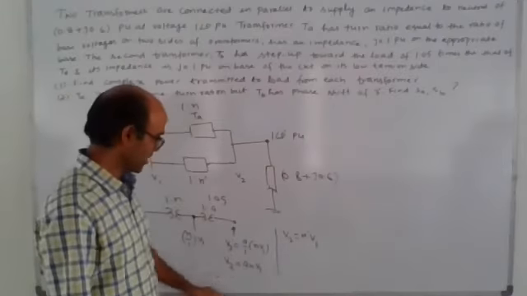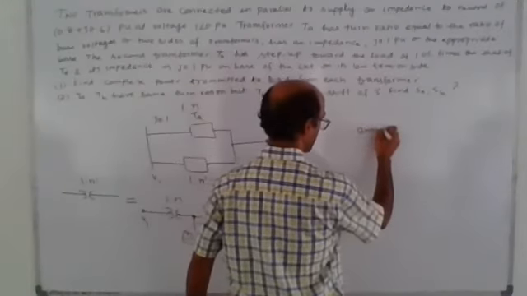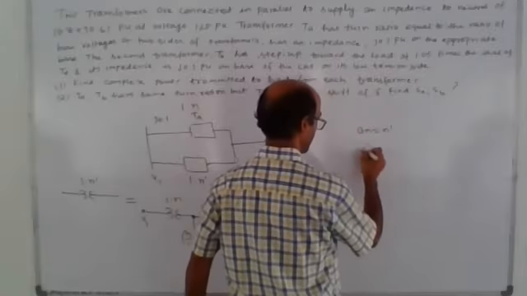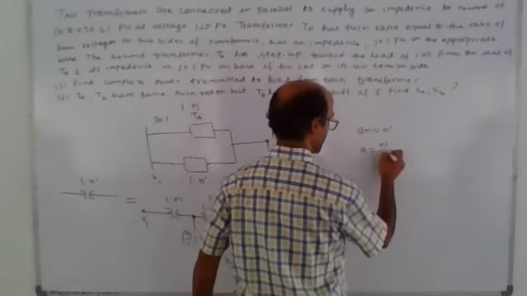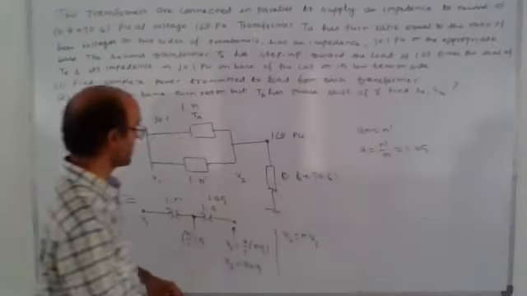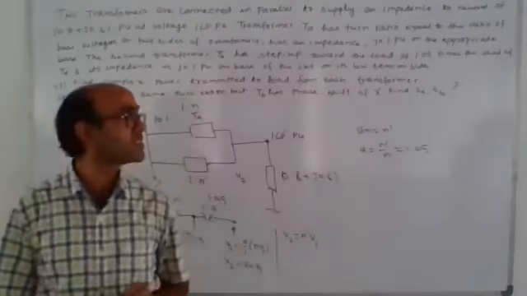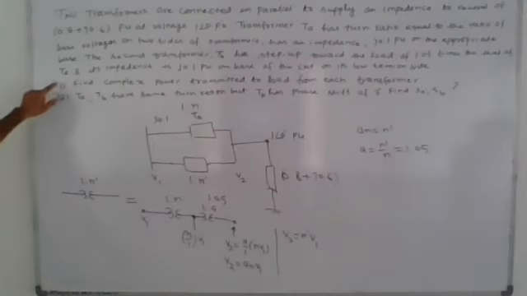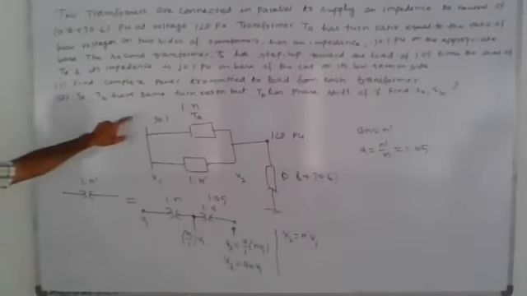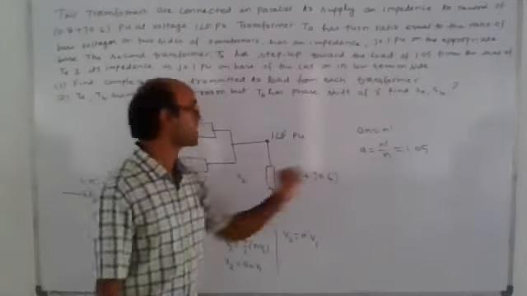So aN equals N dash, what is a? N dash by N. And this is given as 1.05. This is the meaning of this term: 1.05 times that of TA.